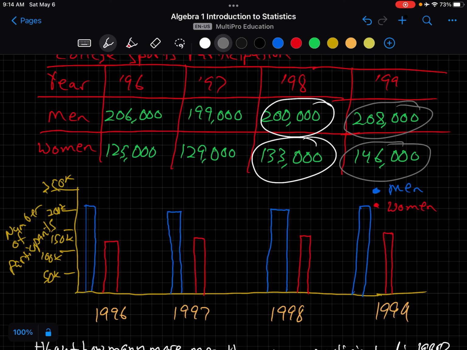But let's look at something that is a little bit more visually appealing by looking at the bar graph. What can we say about the men from year to year? Well, if I draw here in green the tops of these, they all are about the same. There's not much difference. But let's look at the women.